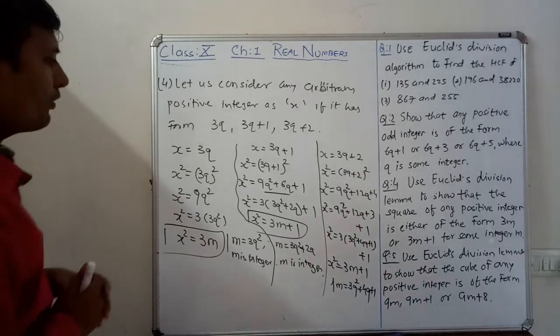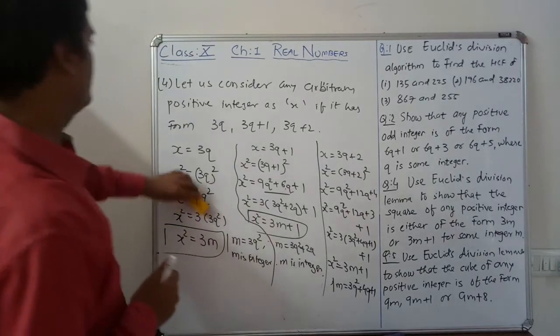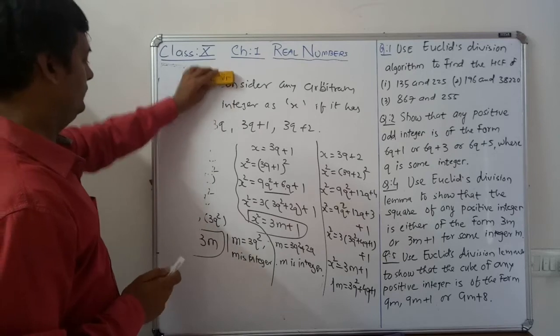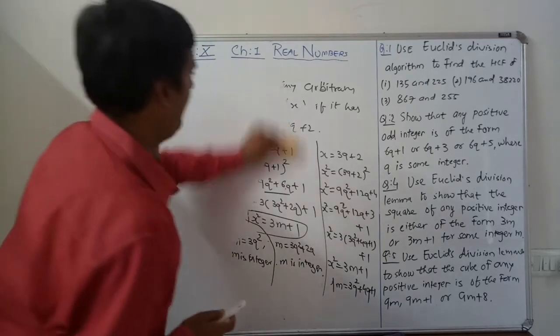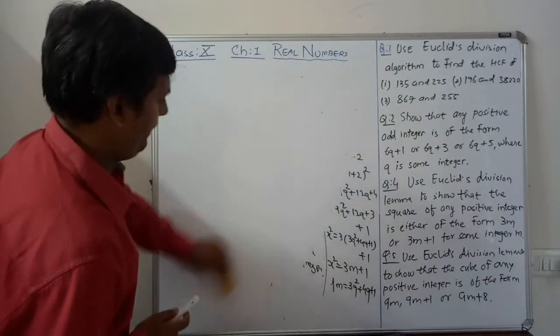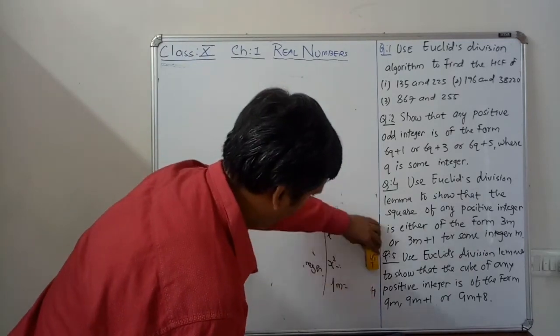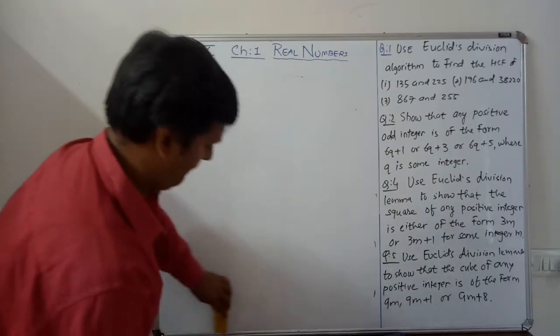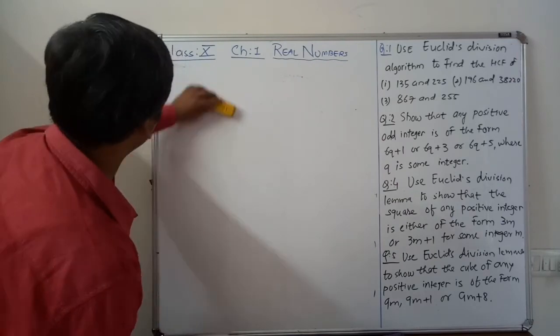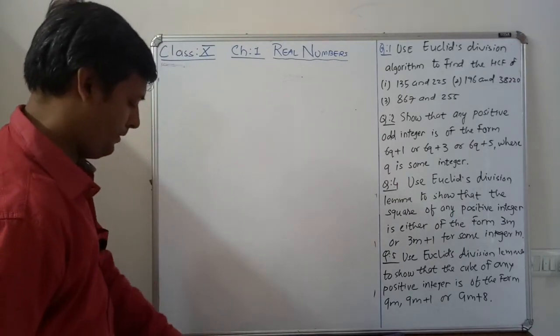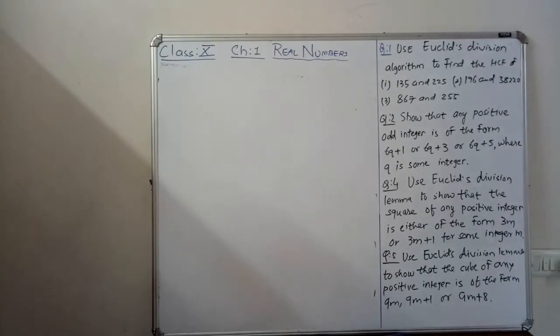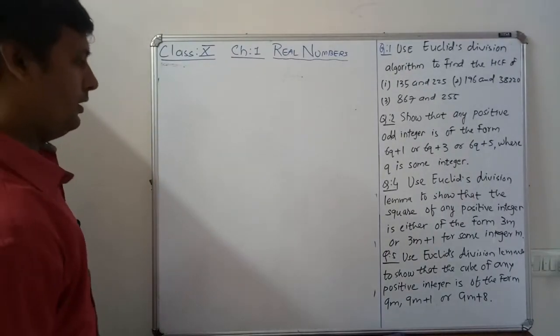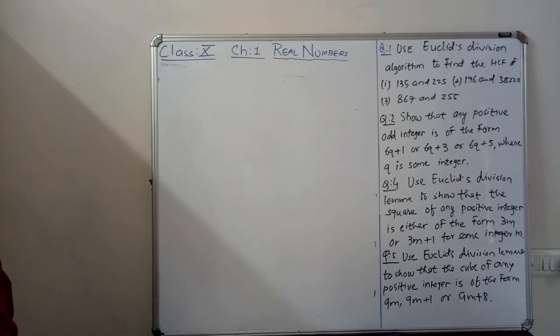So now question number 5 here. It is given, using Euclid's division lemma, that the cube of any positive integer is in the form of 9m, 9m plus 1 and 9m plus 8.